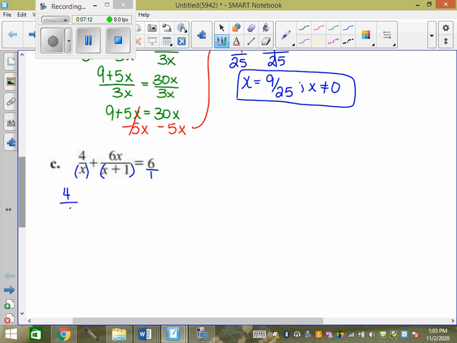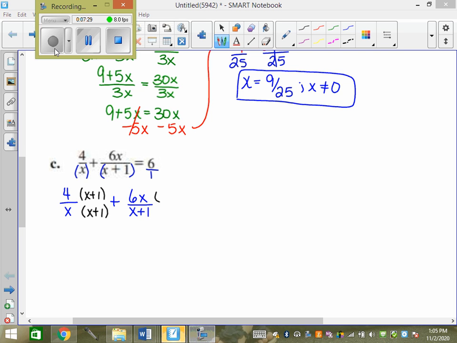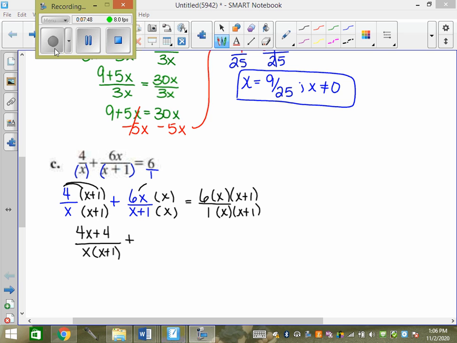So we're going to get 4 over x multiplied by x plus 1, plus 6x over x plus 1, multiplied by x and x plus 1. Here we get 4x plus 4, and we don't distribute our denominators because there's no point, plus 6x squared over x plus 1.